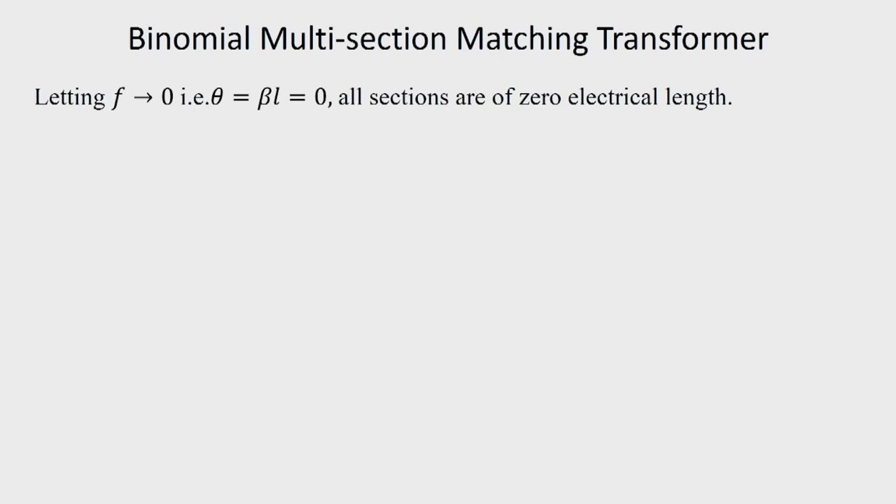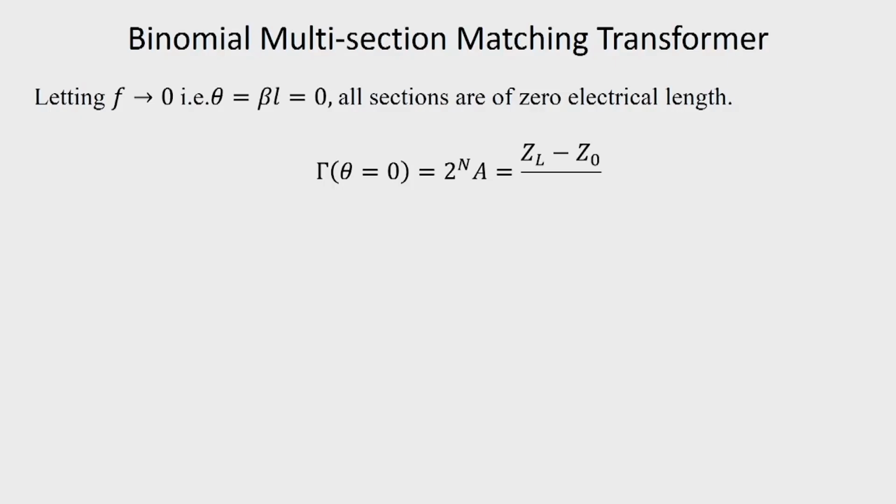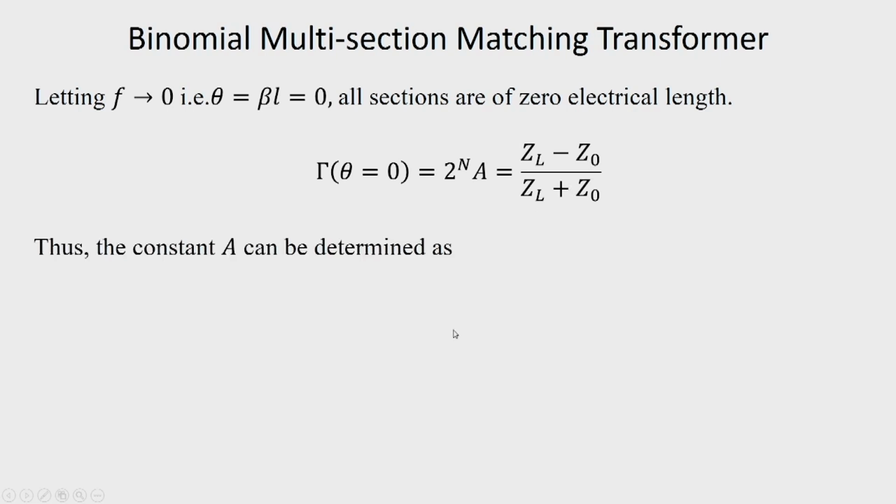That the line is directly connected to the load impedance, and therefore, from the expression of gamma theta evaluated at theta equal to 0, we can write 2 to the power N A equal to ZL minus Z0 divided by ZL plus Z0, and the constant A can be determined as A equal to 2 to the power minus N times ZL minus Z0 divided by ZL plus Z0.